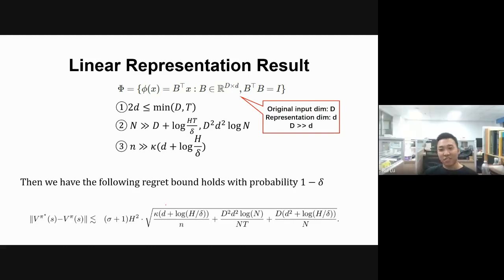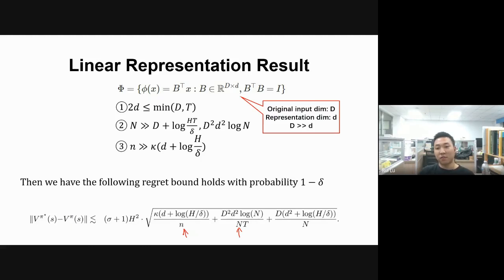Okay. Because this is actually just an upper bound. It means that if your number of samples for learning a representation is large enough, then we know just a small number of samples for the target task can guarantee a good result.